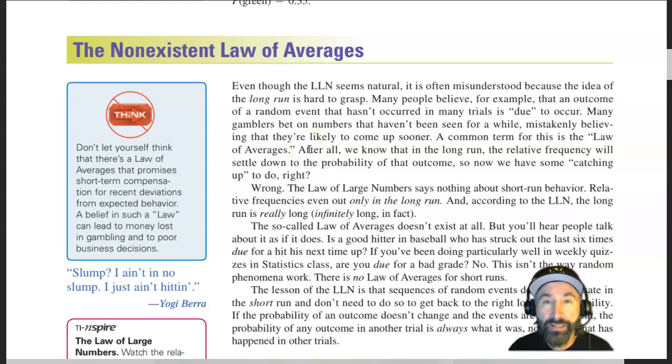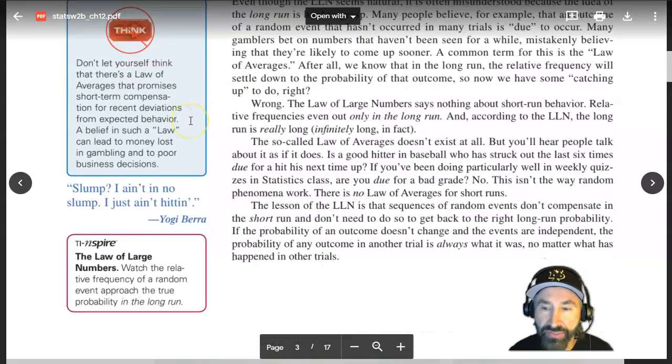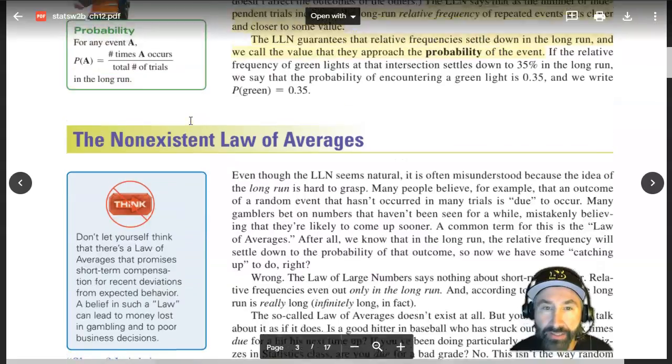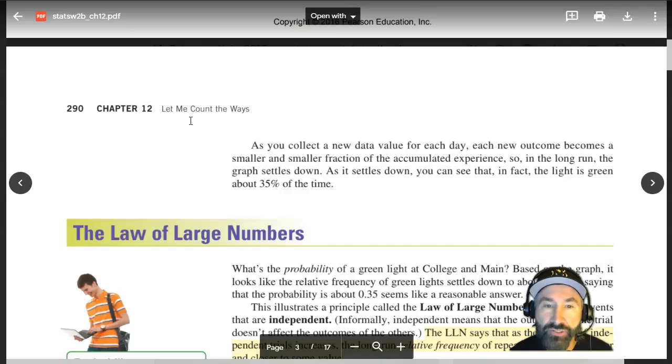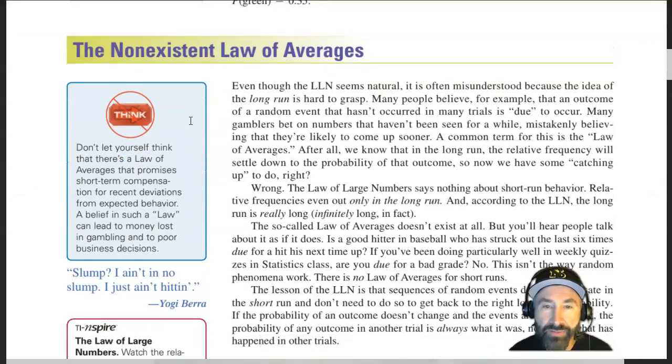Honestly, there is no law of averages, but it is something that people do refer to and mistakenly believe. It is described in the textbook on page 290, and it talks about the non-existent law of averages. In a minute, I'll give you an example where I can make sense of what the law of averages is and why it does not apply.